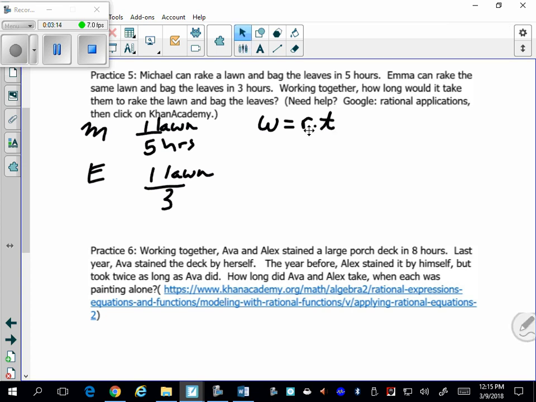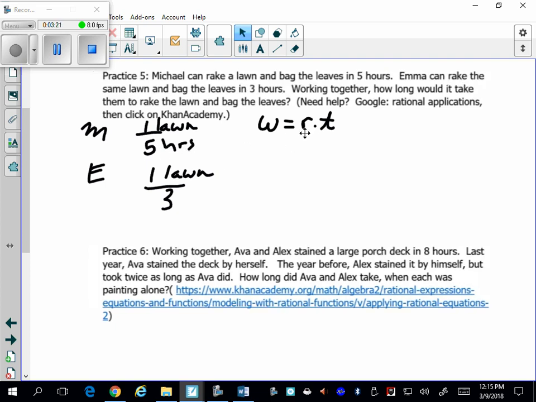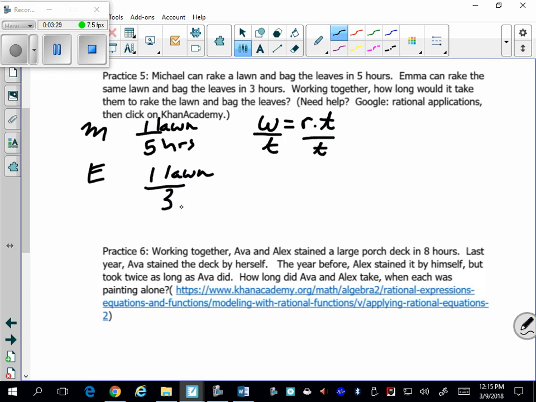For each one of these, we know the time. In Michael's case, it took 5 hours, and in Emma's case, it took 3 hours. So the rate at which these guys can work is one lawn per 5 hours and one lawn per 3 hours.